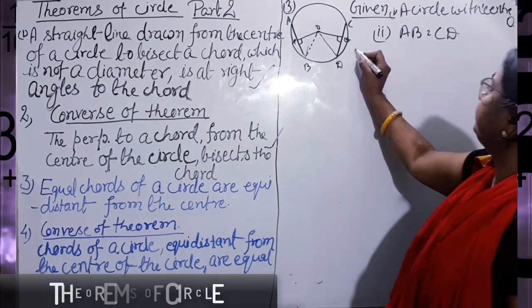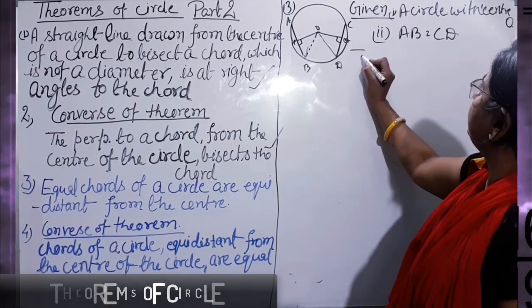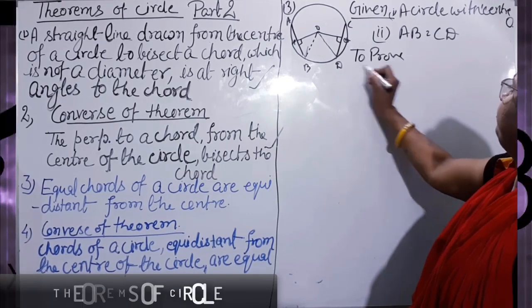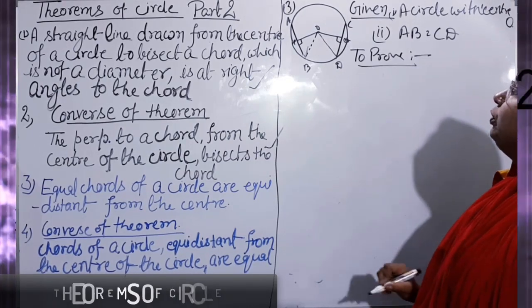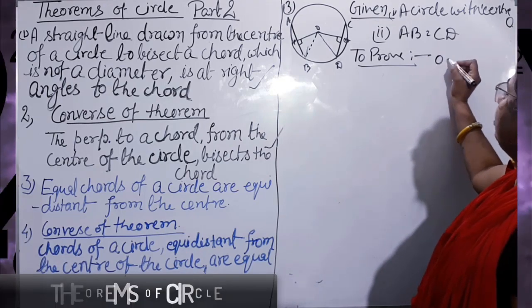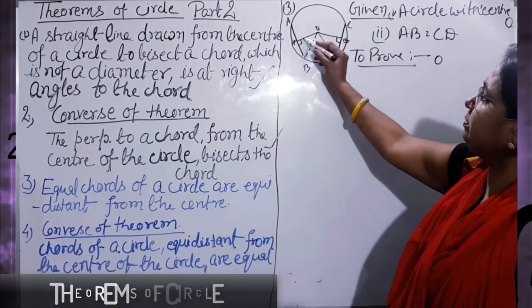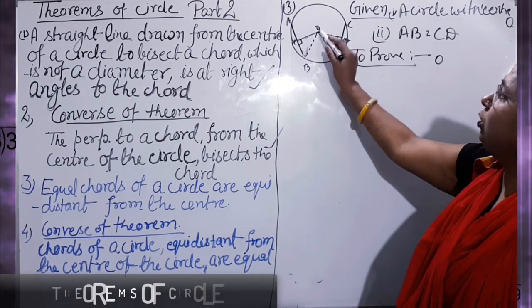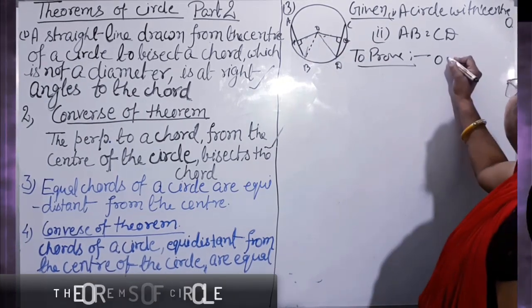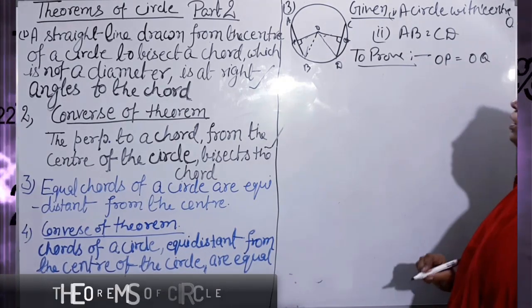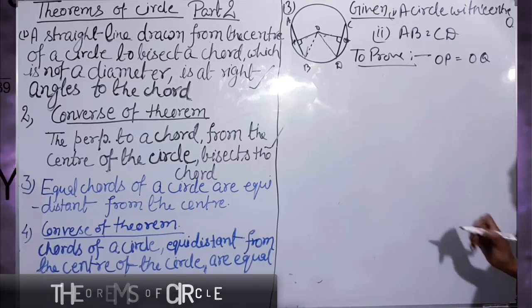Now, what do we have to prove? We have to prove that OP and OQ, the perpendicular distances, are the same. We have to prove OP is equal to OQ.